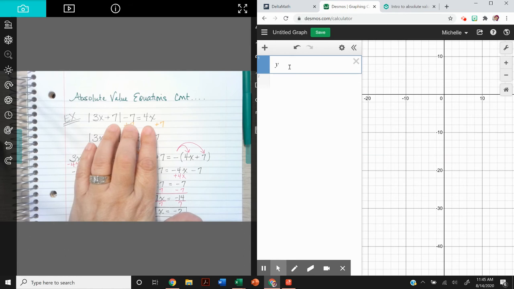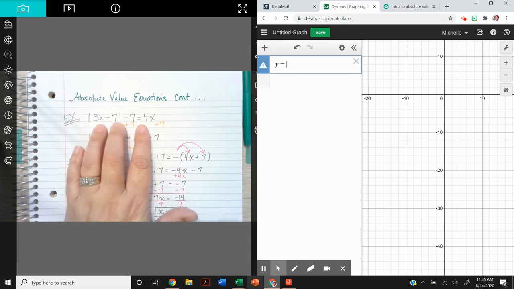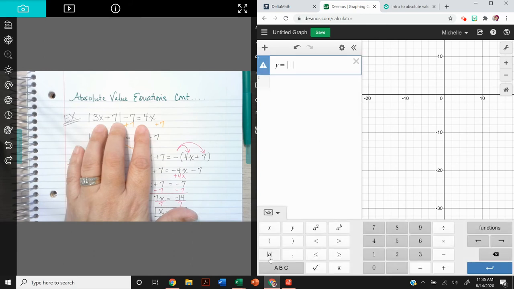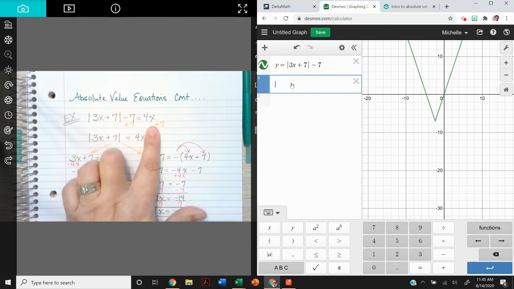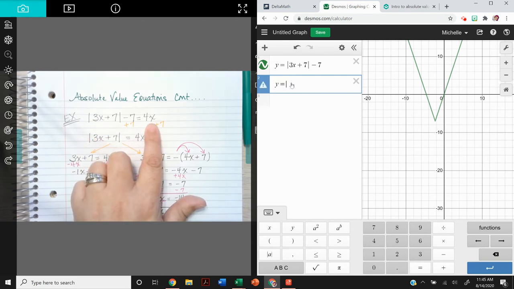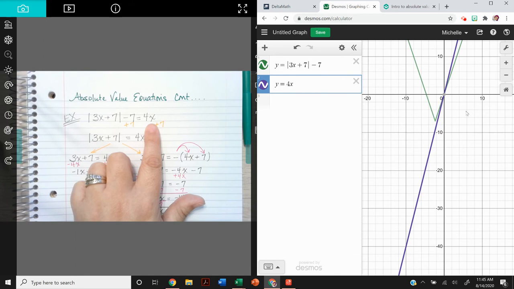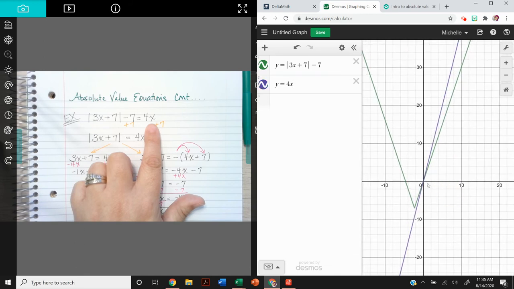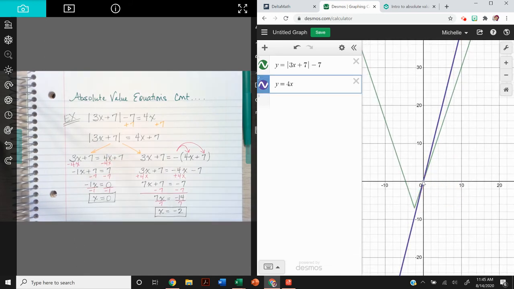So I'm going to type in y equals absolute value 3x plus 7, and then minus 7. And then I'm going to type in y equals 4x. Now I'm going to minimize that. And if I look here, this is where it crosses.